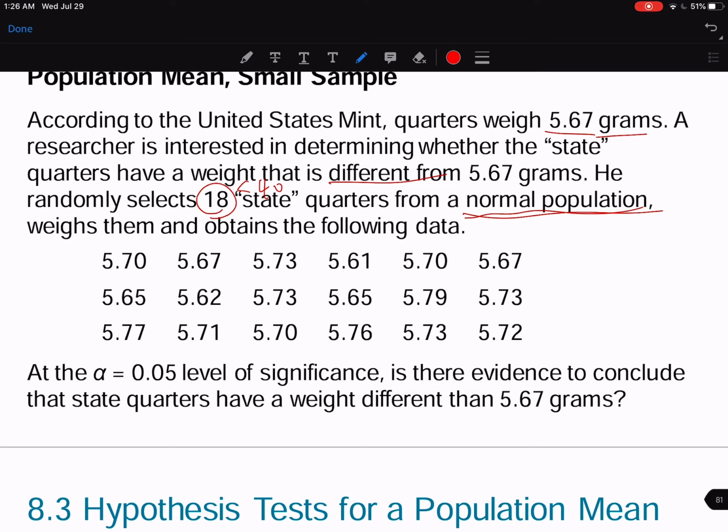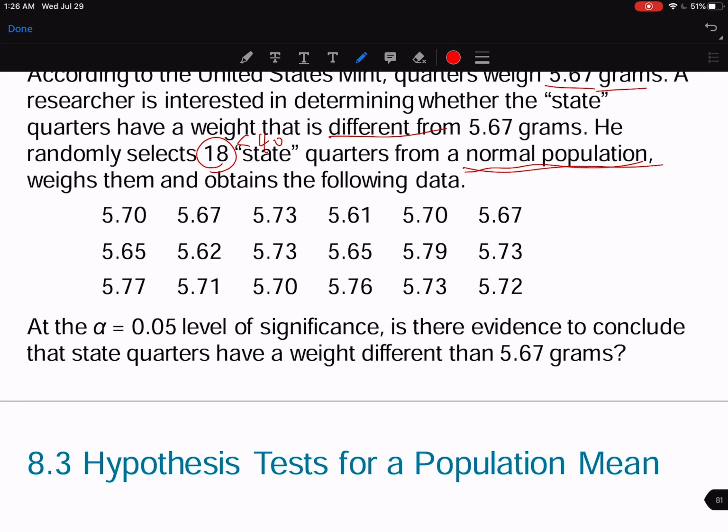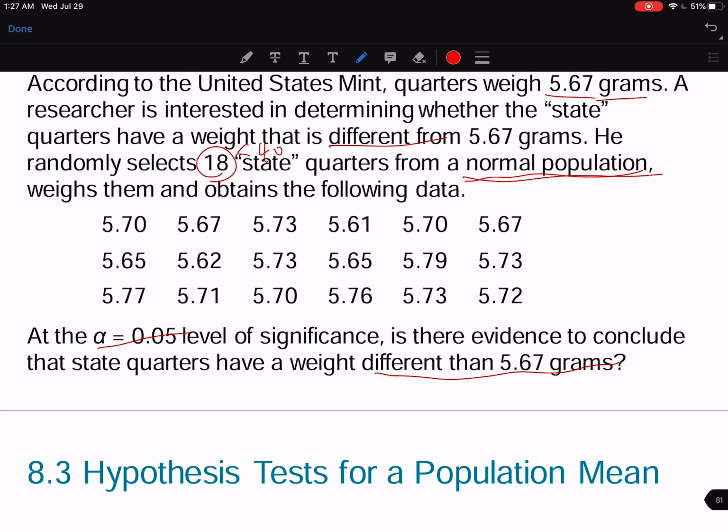Now let's just take a look at how to figure this out by hand. We get a bunch of raw data, 18 different numbers. At alpha equal to 0.05 level of significance, is there evidence to conclude that the state quarters have a weight different than 5.67? So what kind of test are we doing here?